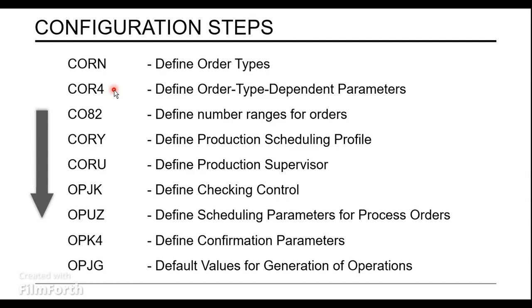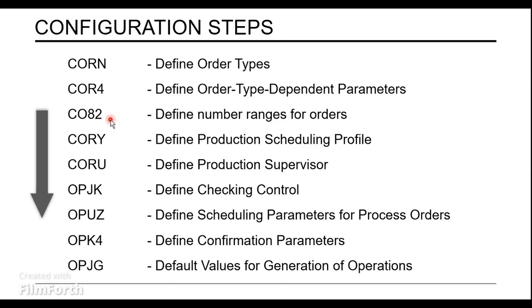PI01 stands for the standard or regular manufacturing process, and PI02 may be for the rework process, or maybe a make to order scenario also. In this case, PI01 could be for make to stock, and PI02 could be for make to order. So we are going to configure these process order types along with the plant combination.